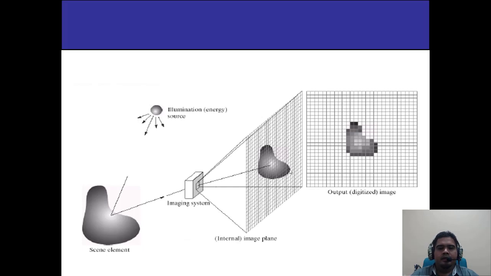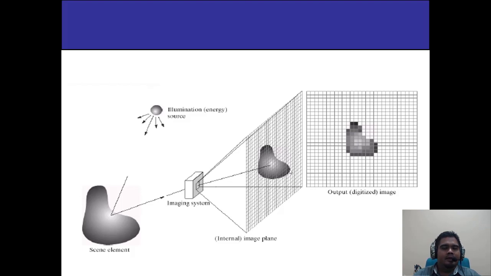This one has been discussed before. Again, like I said, anything in your environment can be considered an analog image because that is what you see with your naked eyes. Then of course you need an imaging system.